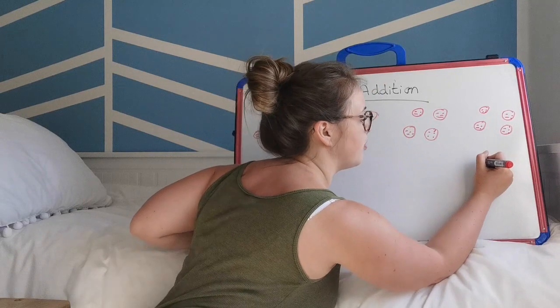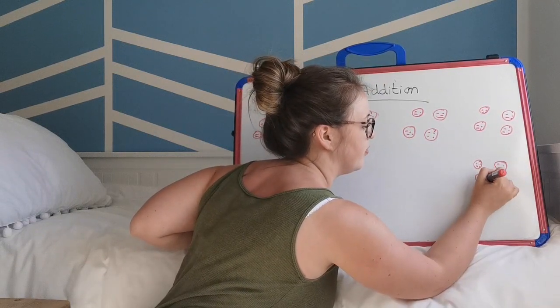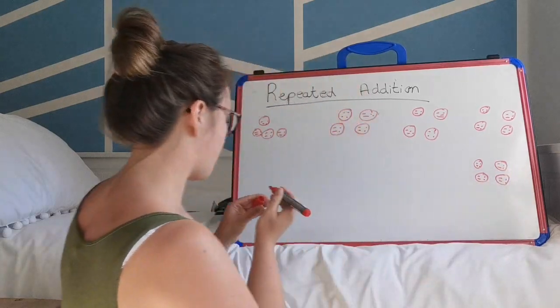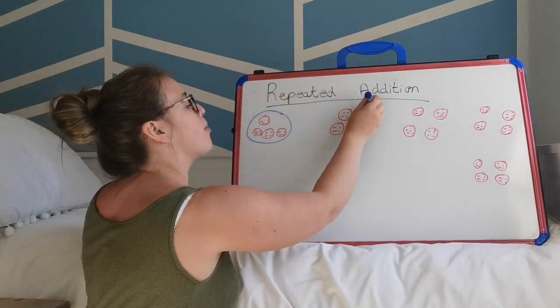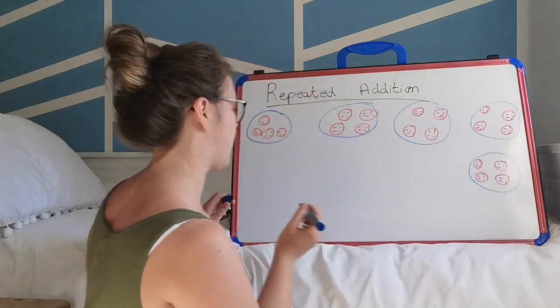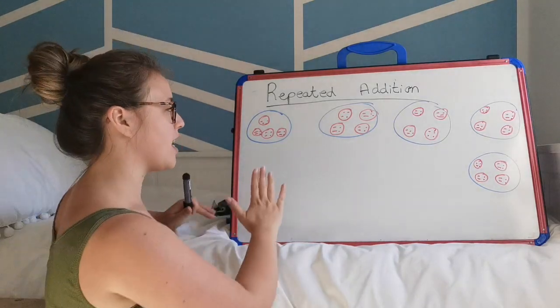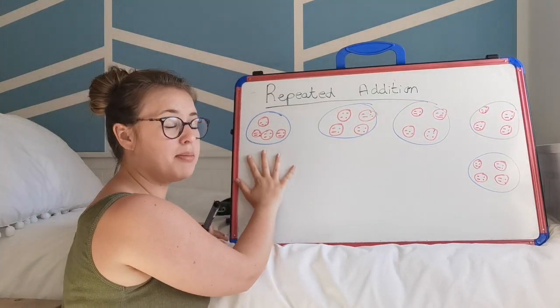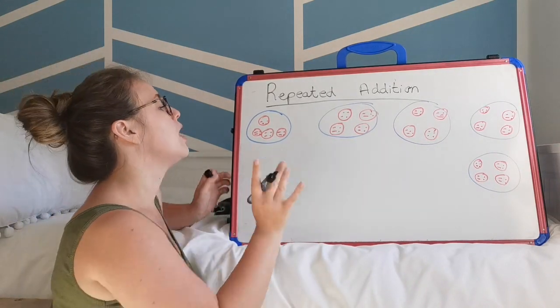And then I'll do one more down here. So here I have got groups of buttons, one group of buttons there, another group of buttons, another, and another. So my repeated addition sentence for this, I would only be looking at how many is in each group at the moment. I don't need to know how many groups there are.